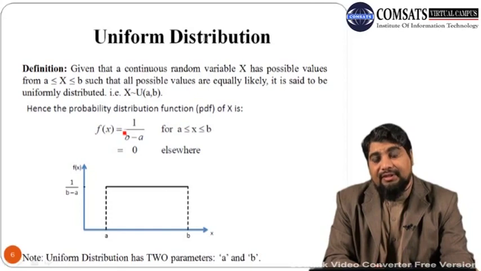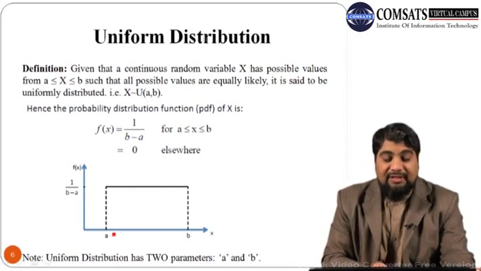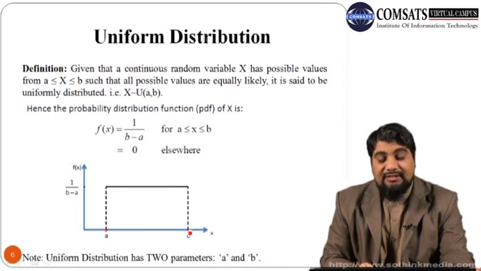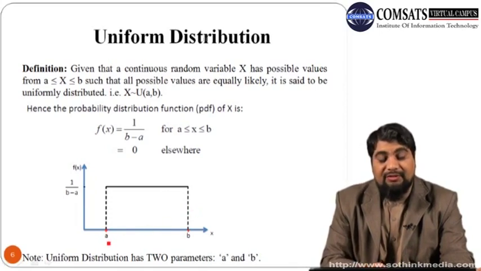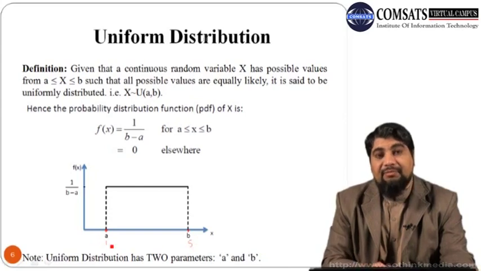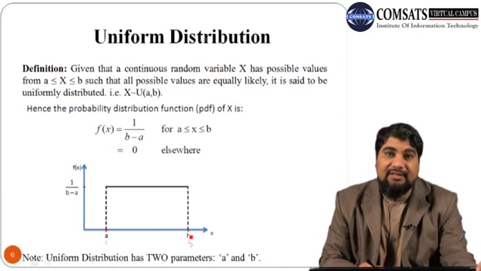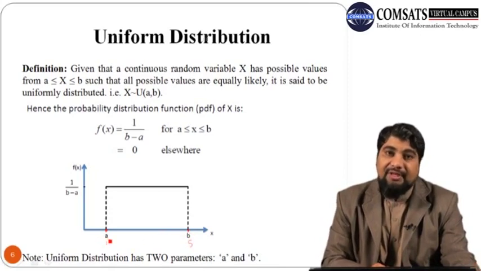So we can draw the graph of this density function by drawing a rectangle. Note that here is point A on the x-axis, the second is point B. A can be, suppose, 1 and B can be, suppose, 5, or A can be any other number. B is some number which is greater than number A. So A and B are any constants.